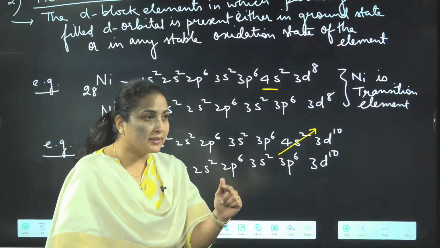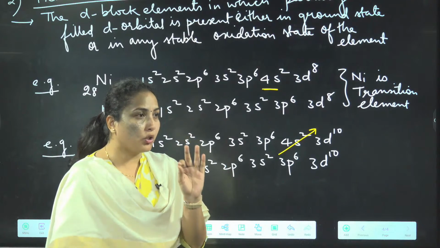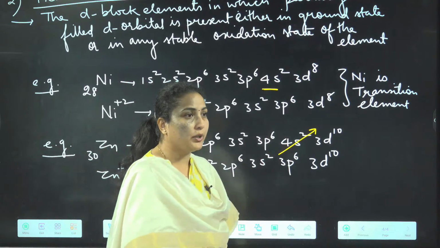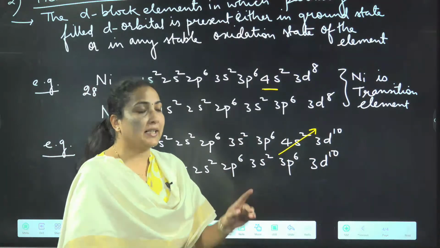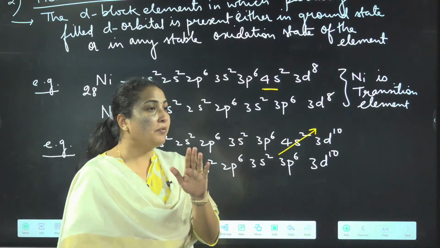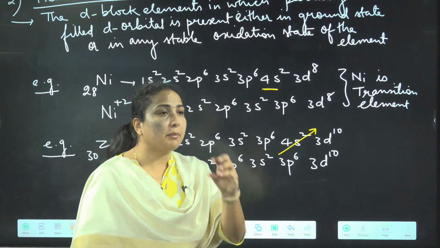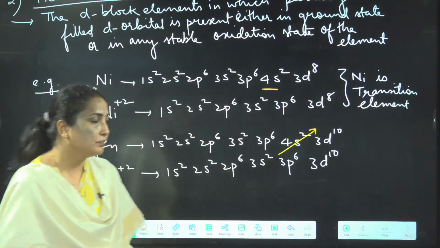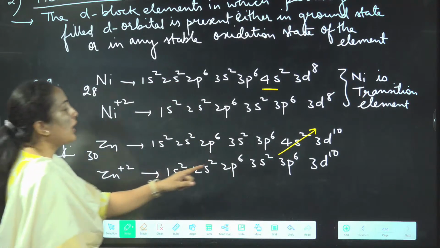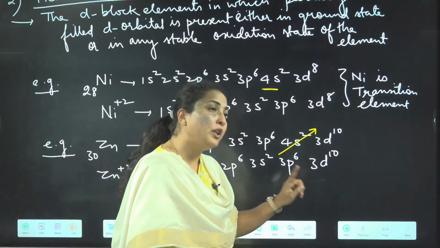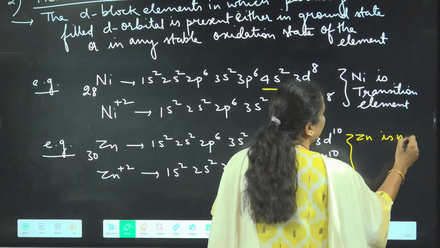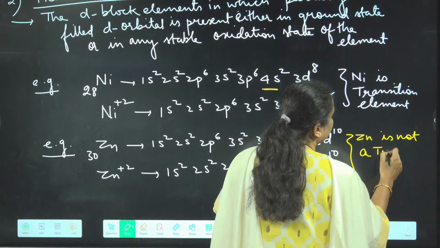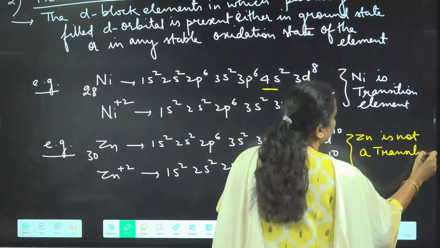And the outermost shell is decided by the value of the principal quantum number. So here it is 4. Okay, don't think that 3d is written outside, so it is the outermost shell. That is a different thing: 3d is filled afterwards, and that comes from the n plus l rule. Getting it? Are you able to see that it is fully filled? So basically, I'll say that zinc is not a transition element.